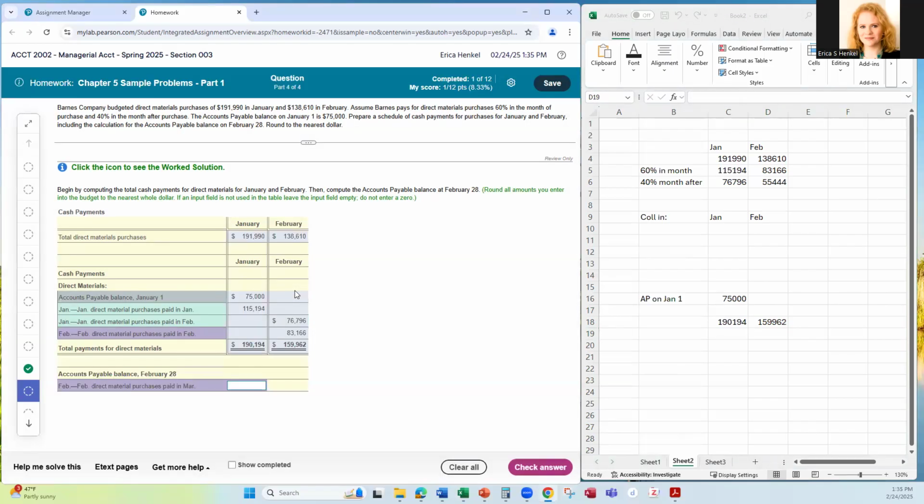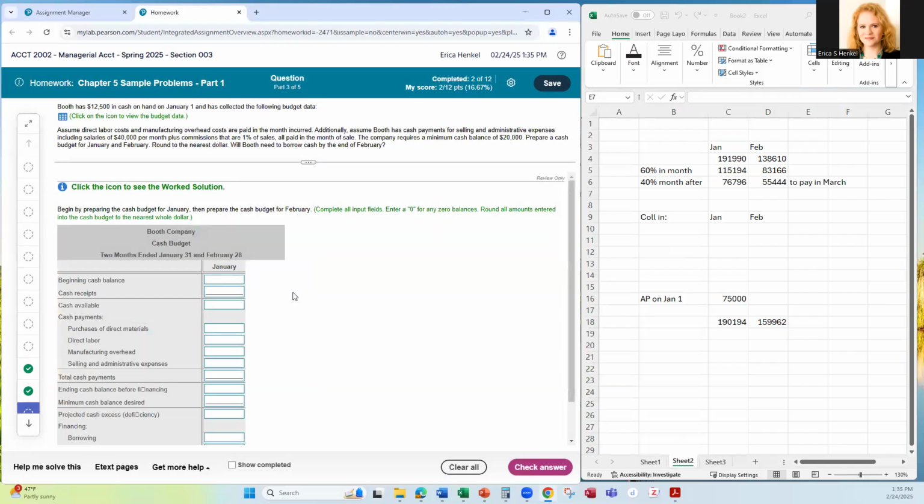And then they're asking, what is our accounts payable balance on February 28th? It's going to be the amount that gets paid in the month after, in March. So that would be the 55,444. And I don't like that they put that in this column. It really would be nice if it was over here to make it a little clearer, but it is what it is.